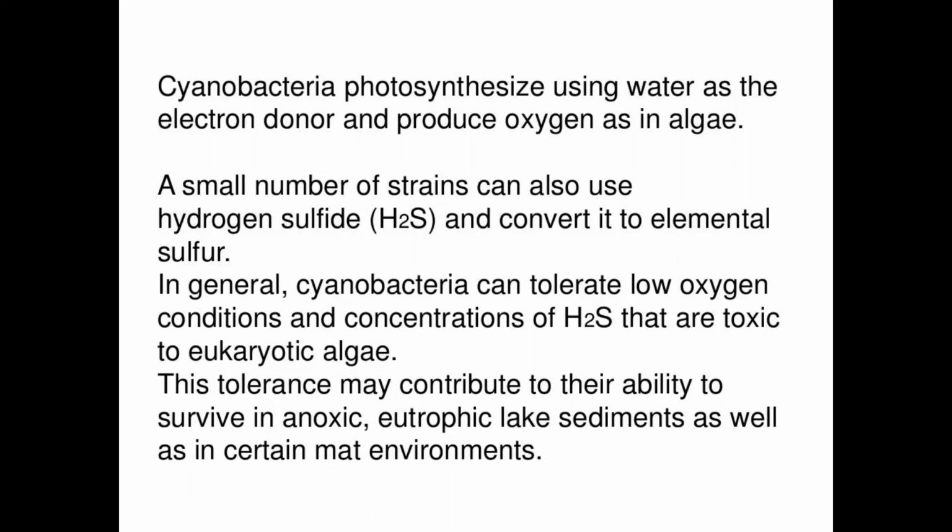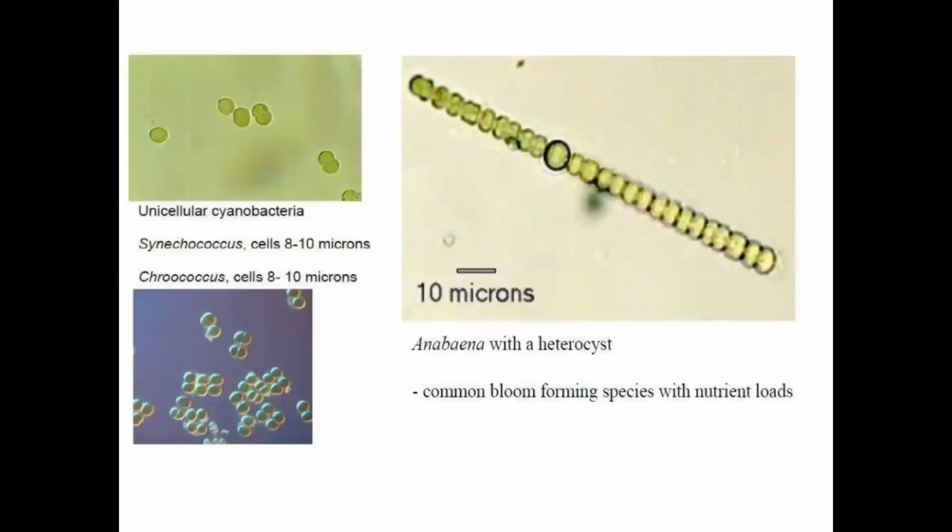So cyanobacteria are more tolerant to higher levels of H2S or low oxygen concentrations. This tolerance may contribute to their ability to survive in anoxic eutrophic lake sediments as well as in certain mat environments. So this is the property which helps them survive at the sediments or base of water bodies.